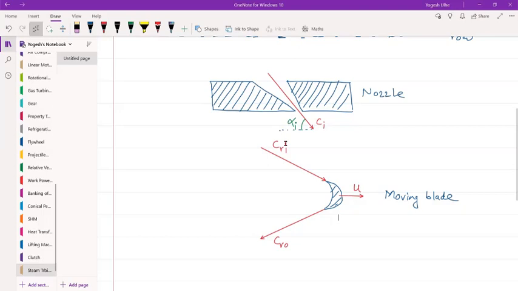Don't worry, have some patience for today, tomorrow you will get all the points. And this angle we will call beta I. Beta I means blade angle at inlet. And then this is beta O.